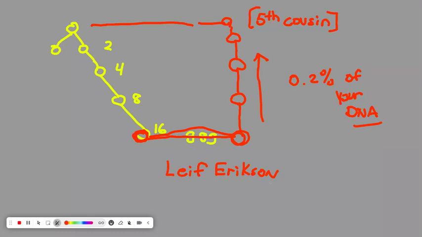In fact, it's highly possible that everybody in the world shares DNA from Leif Erikson 1,000 years ago. Clearly, anyone who has European descent probably shares DNA from Leif Erikson. And of course, it would be very small DNA.